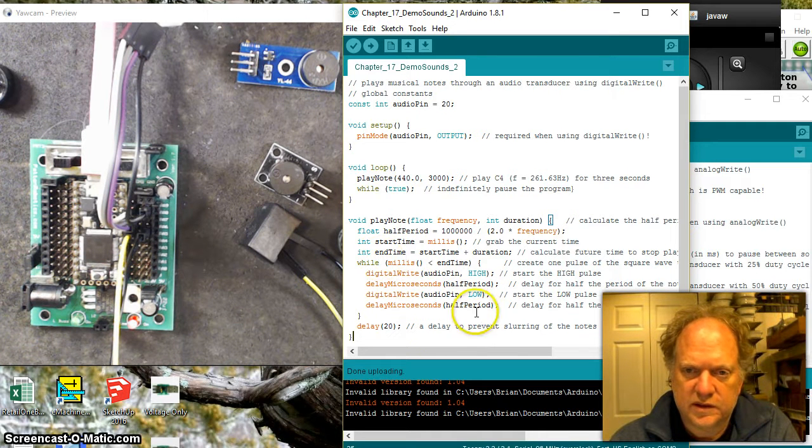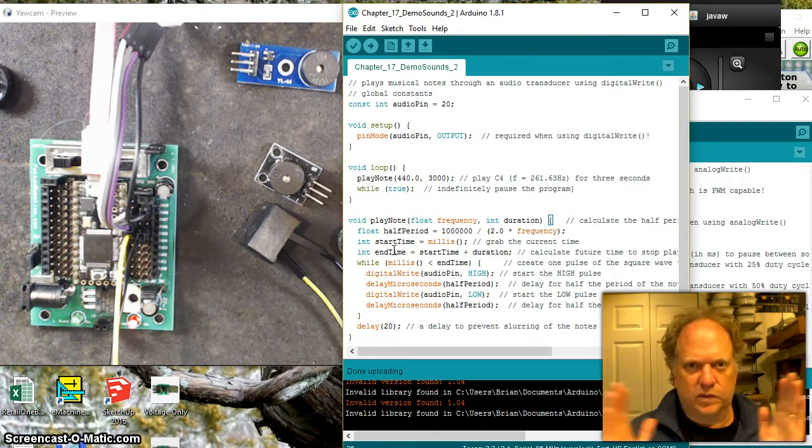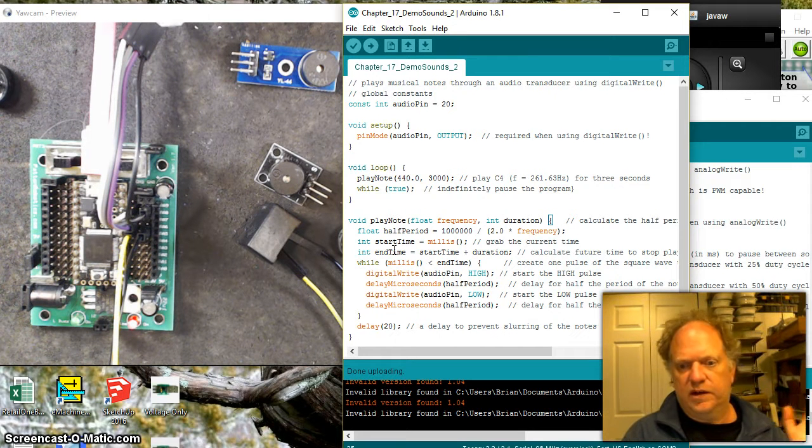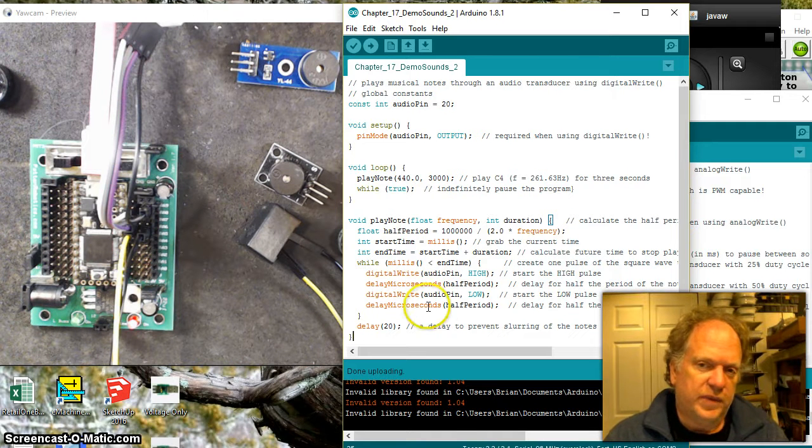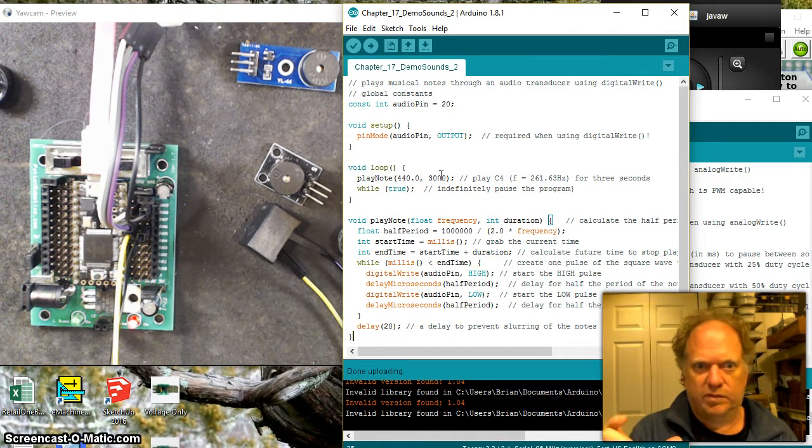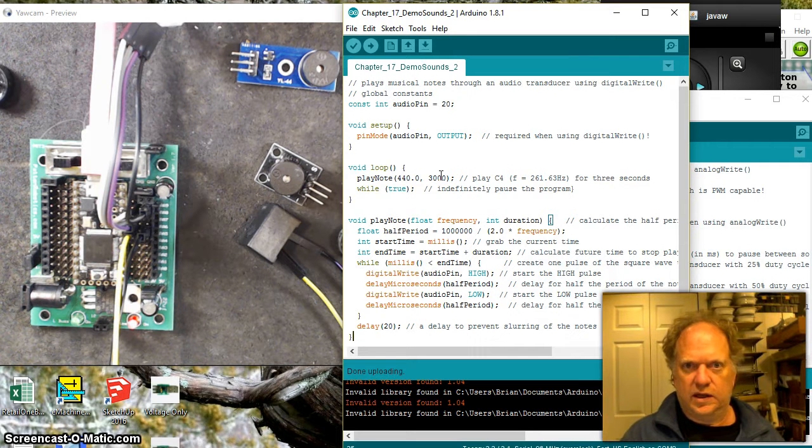And you'll notice he's done something here because we're going to have a duration, say, for 3 seconds. Well, because the pulse width is going to change, we have to be able to account for bigger pulse widths taking longer. So the best way to keep it limited to the right amount of time is not to count the number of pulses, because that's going to change depending on how wide they are.